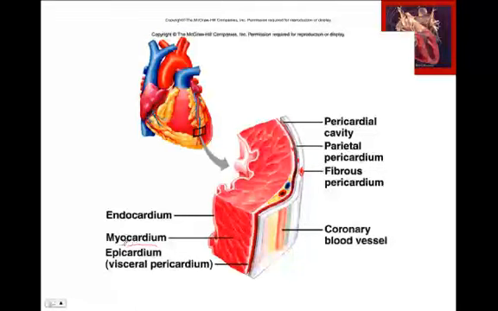Again, one and the same. Okay, so that's that innermost lining there. Then you have the myocardium, which is really the meat of the heart. So that's the myocardium, all that cardiac muscle. And then the endocardium here is going to be this inner lining.